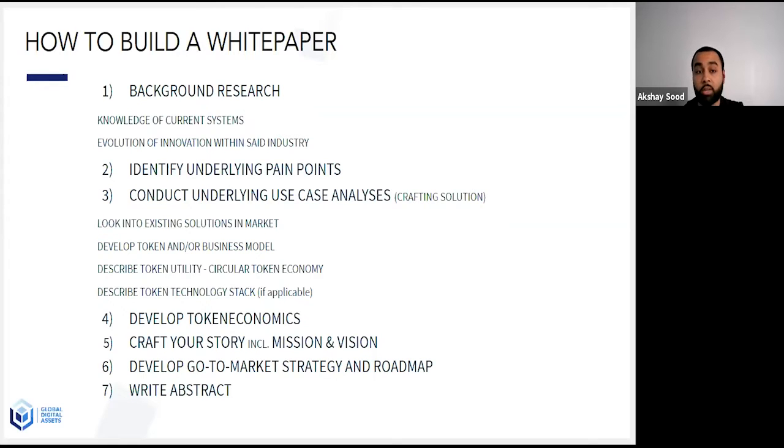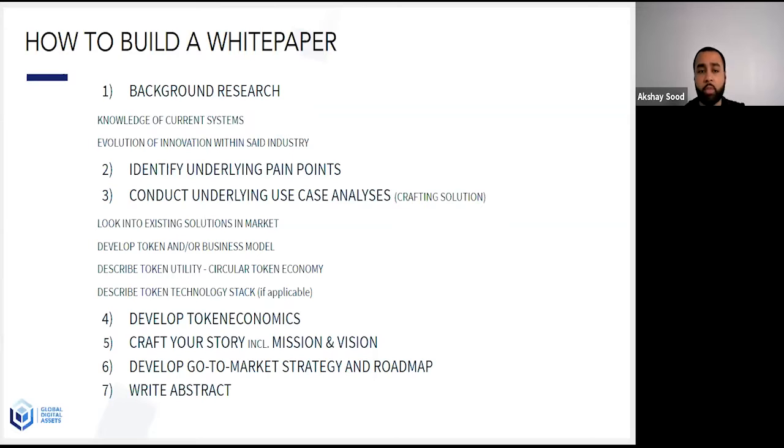Now, when you're looking at building a white paper, what you want to do is first understand the playing field that you're playing within. So background research is very, very important. Knowledge of current systems. So what is currently being done within the blockchain industry, and also without it. So like in a general sense.